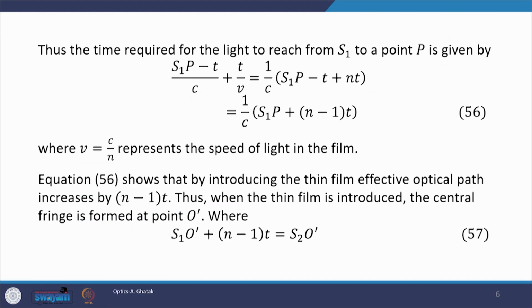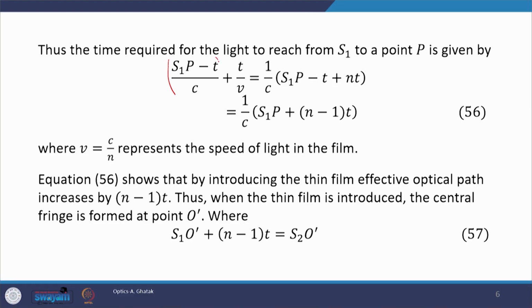Now, let us calculate the time required to travel this optical path S1P by a ray emanating from source S1. The time which the ray takes in travelling S1P minus T distance is (S1P minus T) divided by the speed of light in air, which is c.